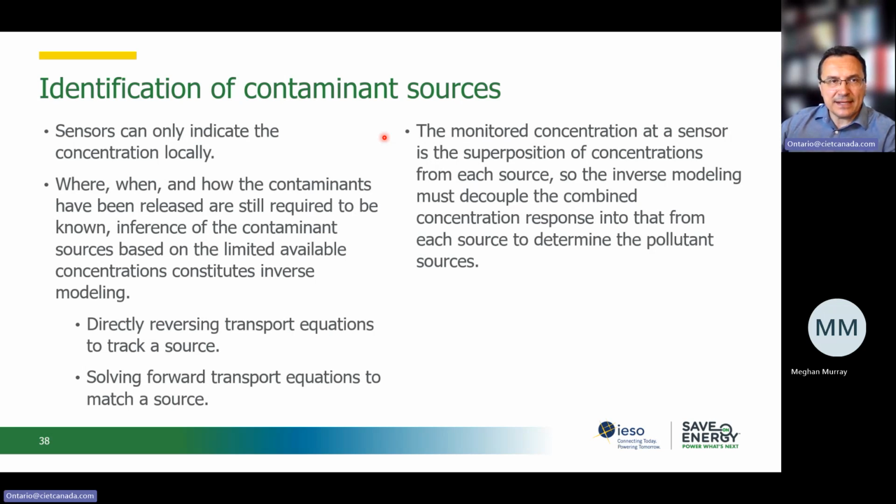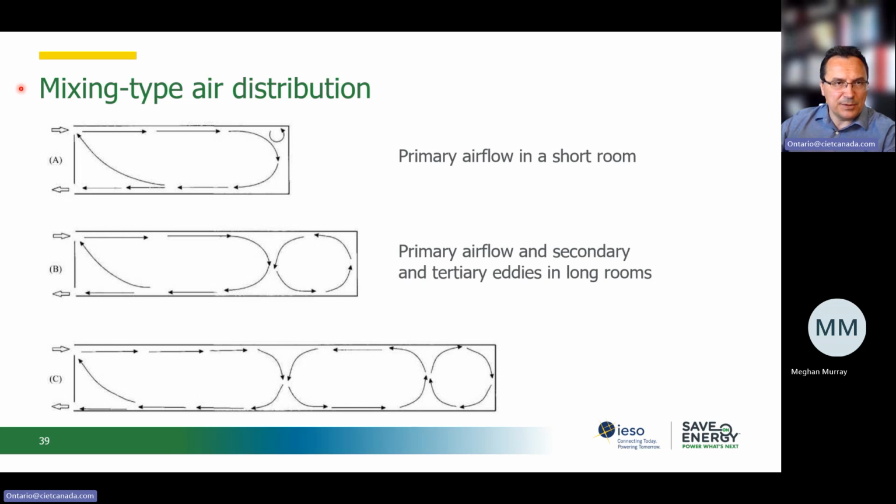So in a mixed air distribution system, the primary air that we supply to the space will engage some secondary air in mixing the air in the space and diluting the concentration. This is for spaces where we have a single loop.